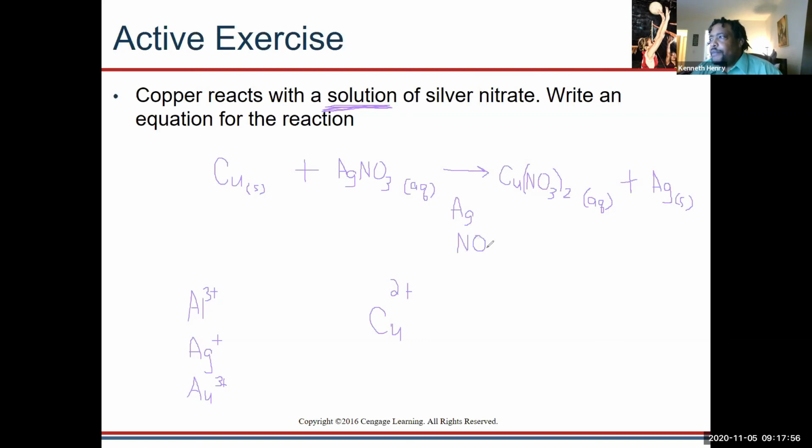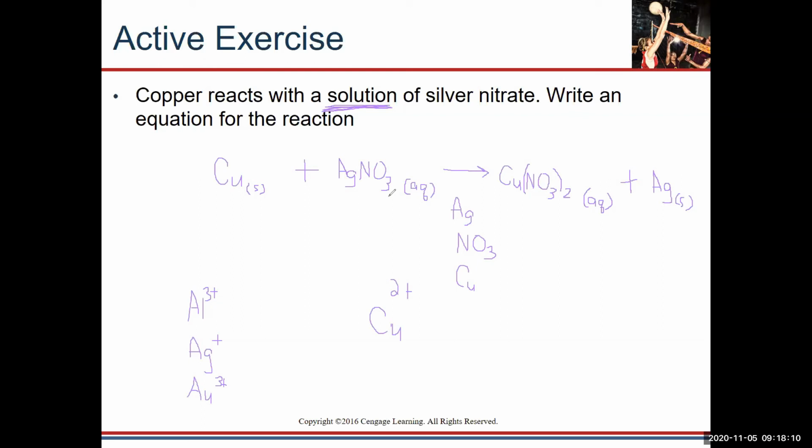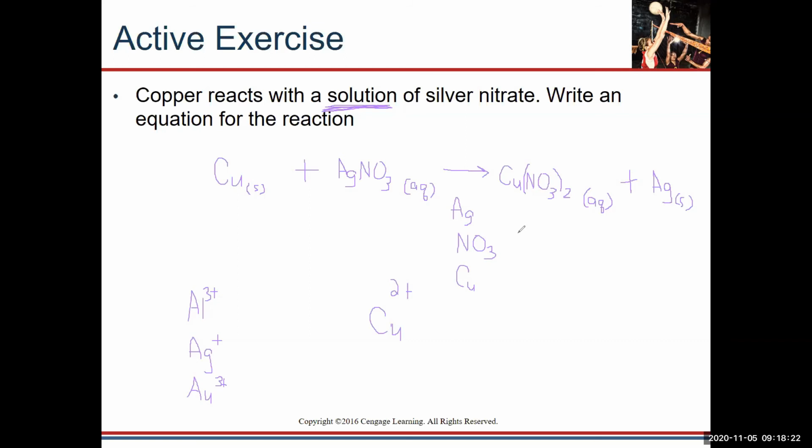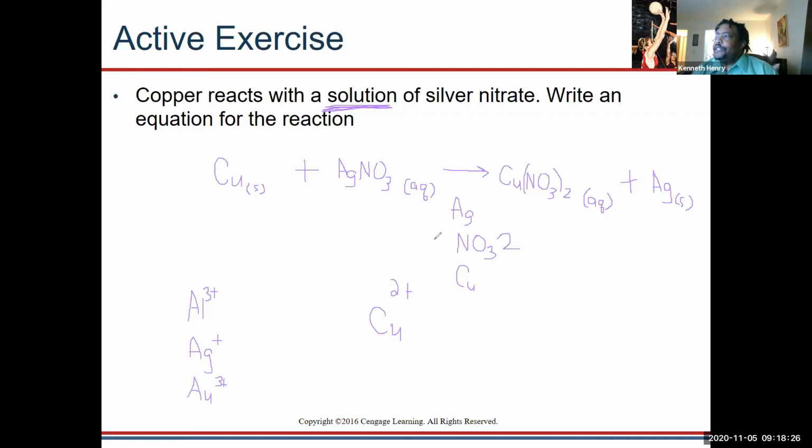So I'm going to use a little cheating method here. You see we have NO3 here, right? And then we have NO3 here, right? Yeah, but because it's in parentheses, would you have to multiply it? Yeah, so there would be 2 of these, and there's 1 of these over here, right?